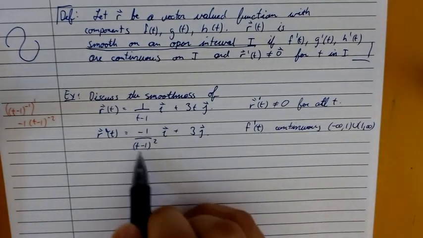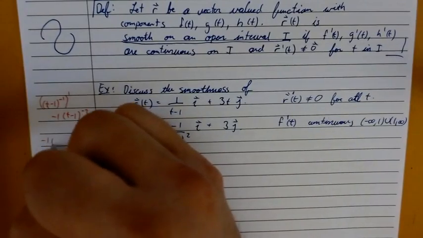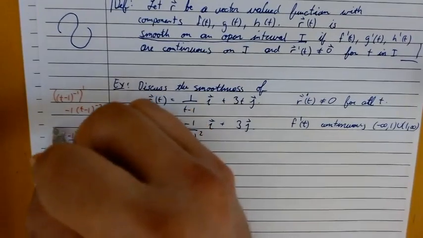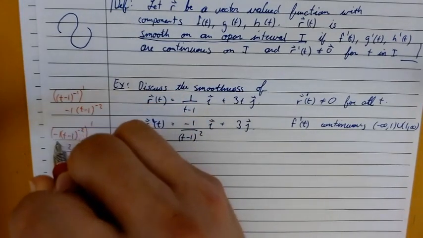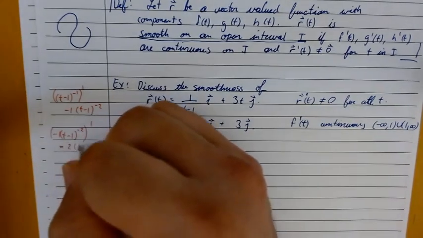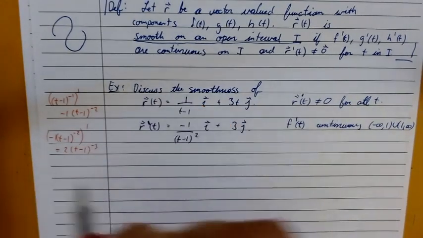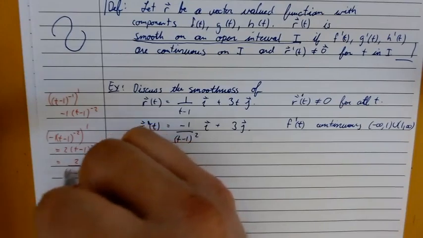Again, the derivative of this, let's do it over here. The derivative of this one, if I take (t minus 1) to the negative 2, the derivative would be positive 2. Take that, bring it down, subtract 1 from the power. So that's positive 2 times t minus 1 to the negative 3rd power, which is 2 over t minus 1 cubed.